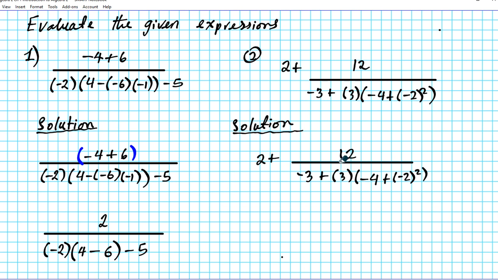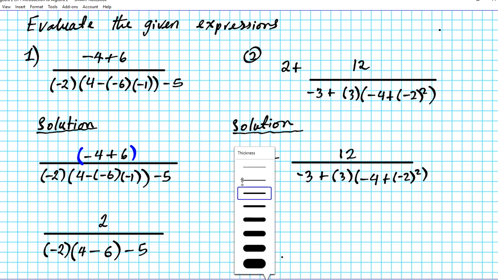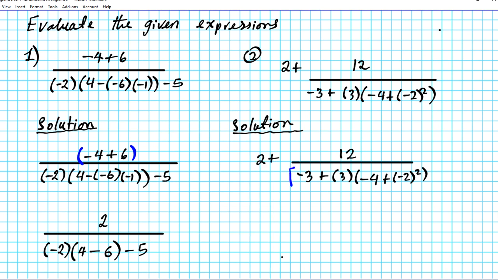Okay, so imagine that there is an invisible parenthesis in the denominator. So we have to simplify all the operations in the denominator completely, and then we'll proceed to divide before we add. All right, so let's focus our attention on the denominator.